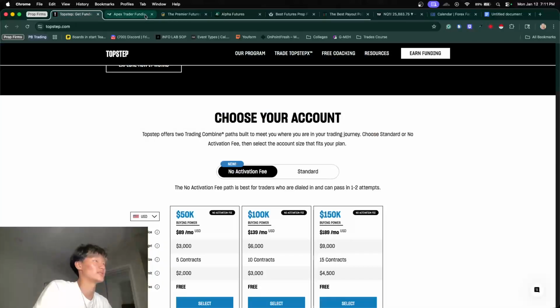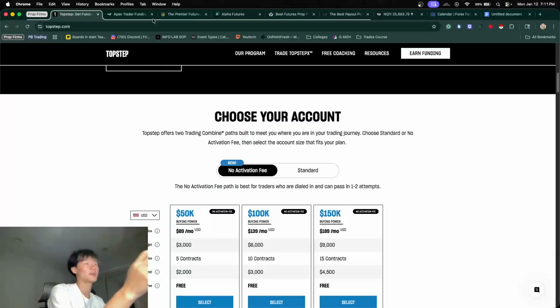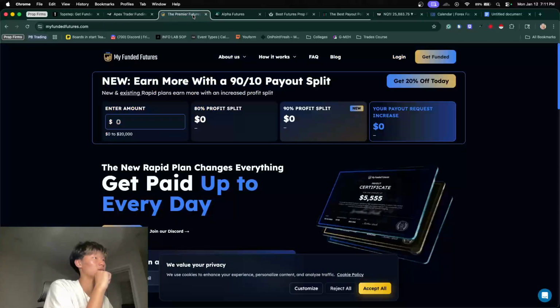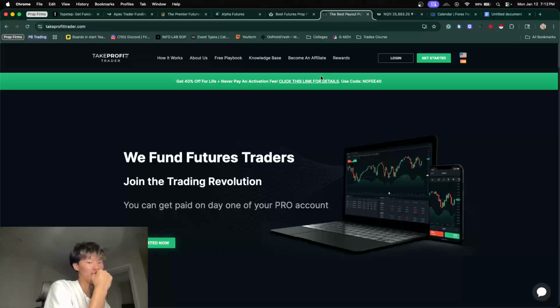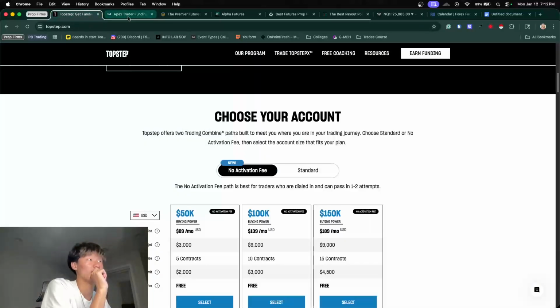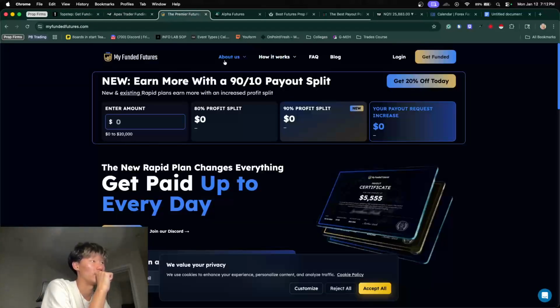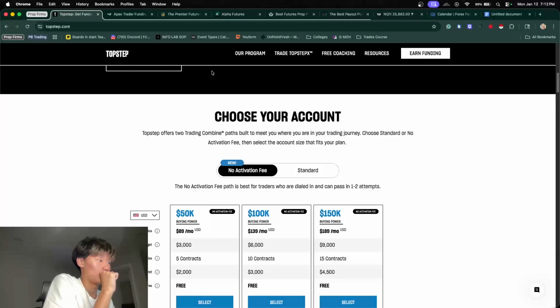Actually, I'll just go through every single one first, and I'll rank them after. So we have Top Step, Apex, My Fund of Futures, Alpha Futures, Tradeify, and Take Profit Trader. I think there's more, but those are the ones that I have not tried yet. Okay, I had the most experience with Top Step and Apex and My Fund of Futures.